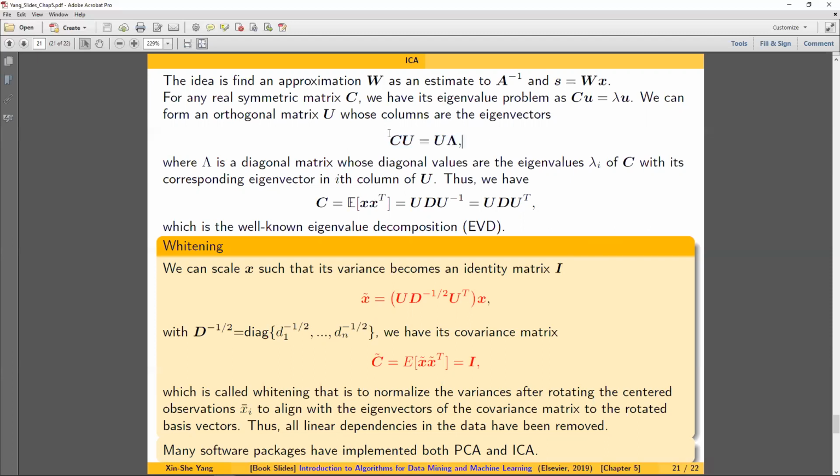Now we know that any real matrix has this relationship. Again, it's linear algebra. We discussed it in chapter 2, and a couple of times in this chapter as well.